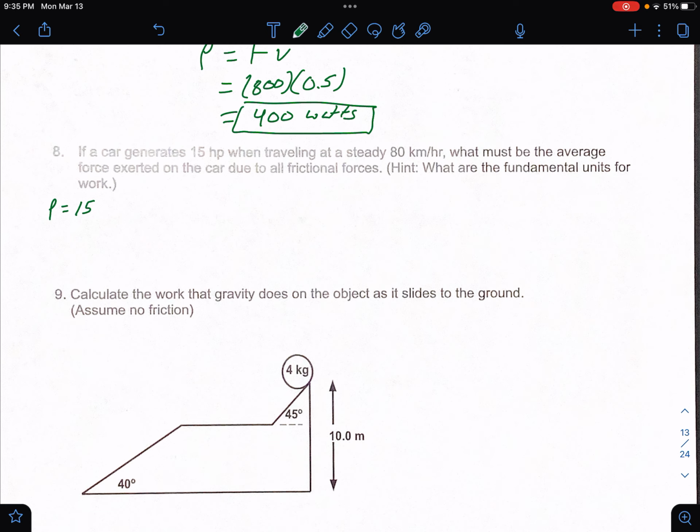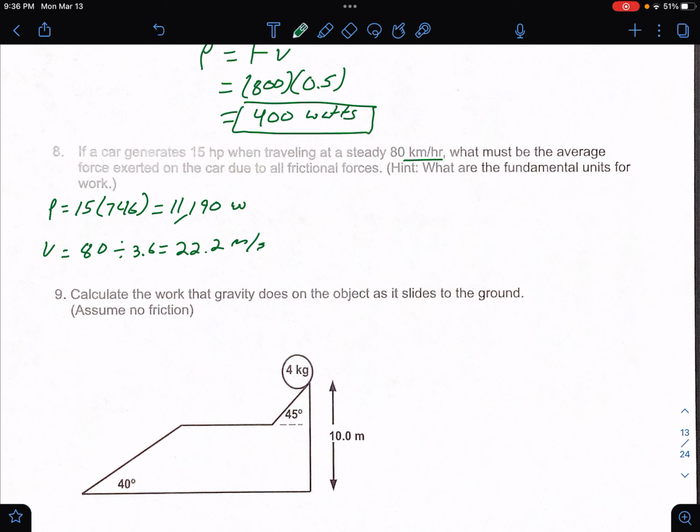So 15 times 746 gives me 11,190 watts. So I need watts, I fixed that, so that one's good. And then they gave you velocity in kilometers per hour. So remember, if you want to go from kilometers per hour to meters per second, take that 80 and divide it by 3.6, and that gives you 22.2 meters per second.